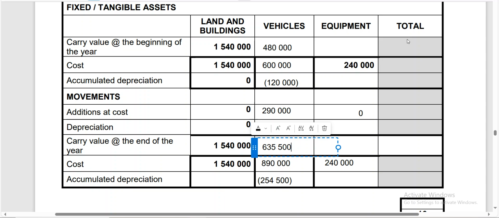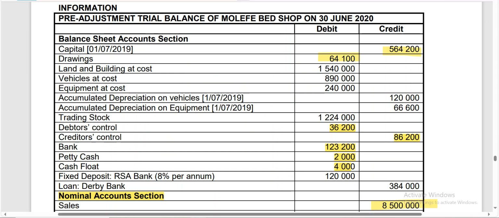Now what they mean here, where you see the totals on the gray side, it means they want nothing, but here you're going to need it because you'll be doing the fixed asset note. Now let's go to our equipment first and check what is given to us. Remember, on equipment we were also given the accumulated depreciation at the beginning, which is 66,600.